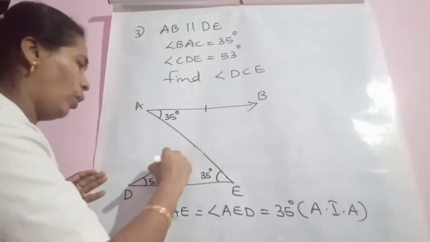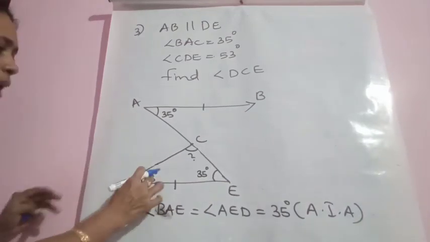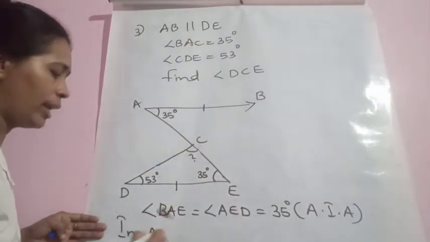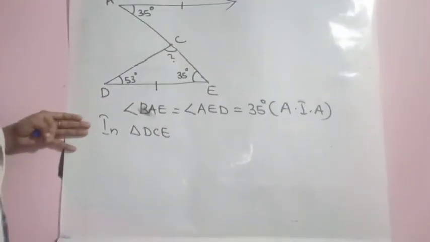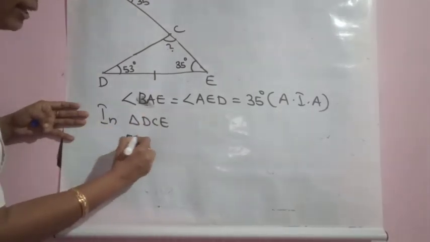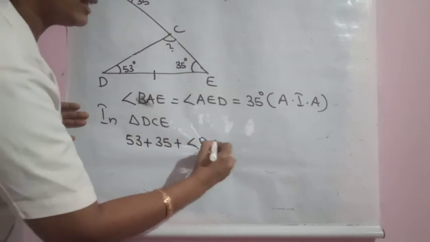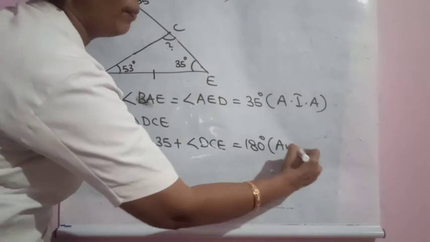Now in the closed triangle, two angles are known to us. So in order to find the third one, we can apply angle sum property. So directly we can write in triangle DCE, the angles are 53, 35 and angle DCE equal to 180 degree. What is the reason?